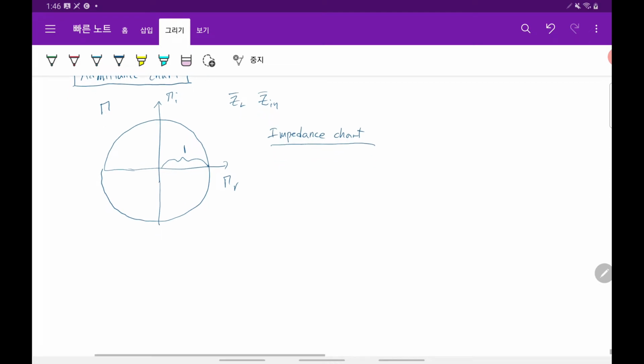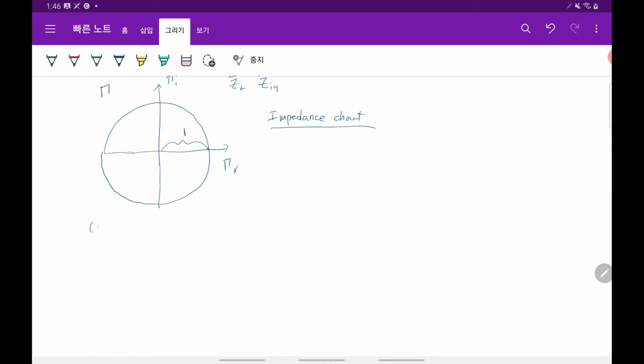So let's understand. In equation 2.44, we learned that Z in, the input impedance of a transmission line with length L and load ZL, can be represented in this mathematical form.